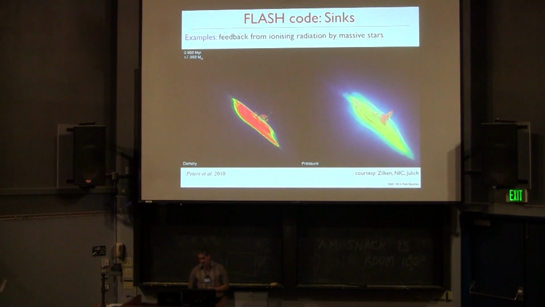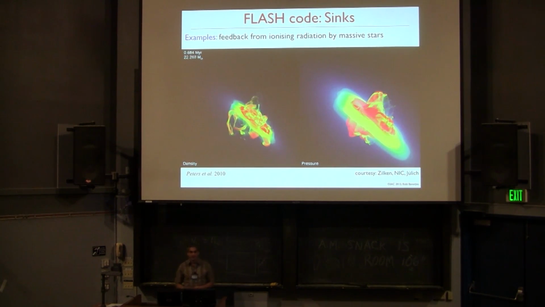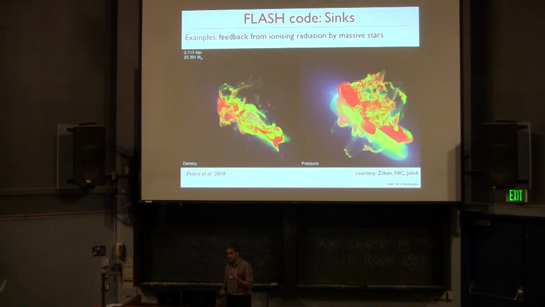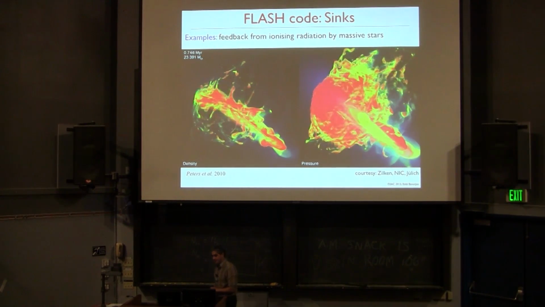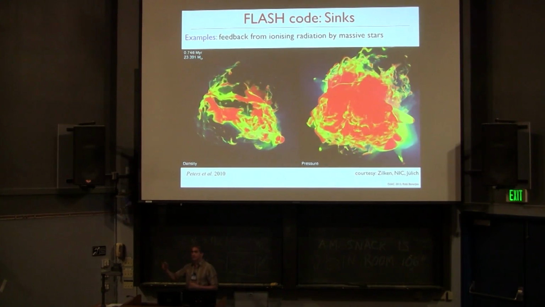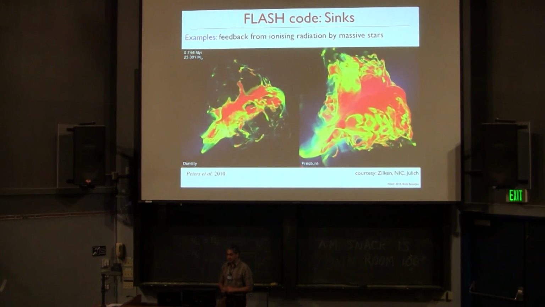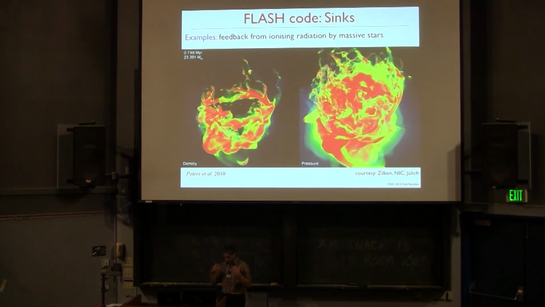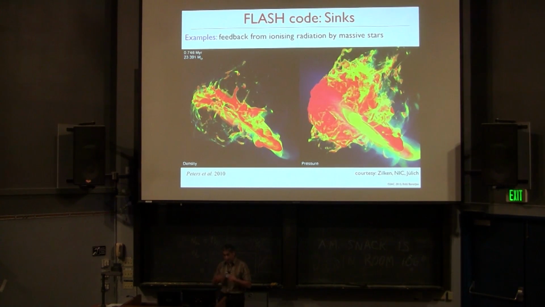Yeah, and there's something I will talk about tomorrow a little bit more in detail. You can use all the information of your sink particles to also do a feedback by radiation, ionizing radiation, because you know the mass, you can calculate the UV flux you expect from particular protostars here, and then feedback not momentum, but essentially pressure in this case, so you heat up the gas by ionizing radiation.